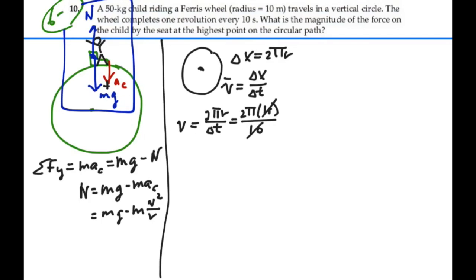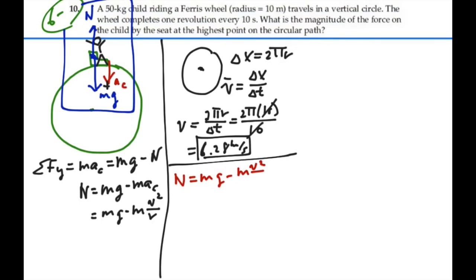The 10s cancel out, so the velocity is going to be 2 pi, 6.28 meters per second. Okay, so now we can figure out the normal force. Normal force will be equal to mg minus mv squared over r.